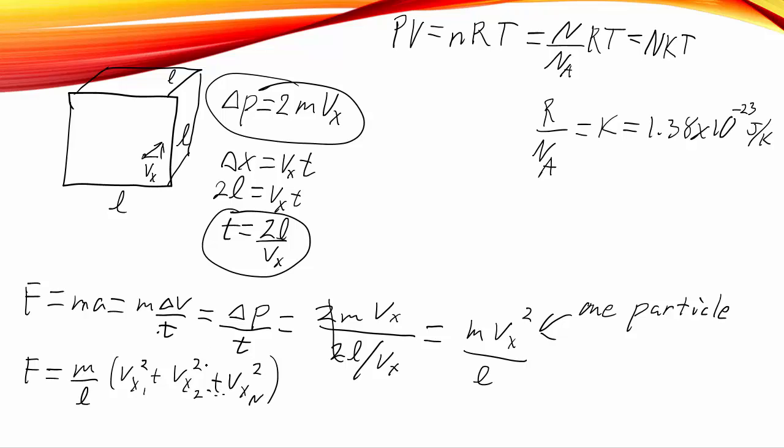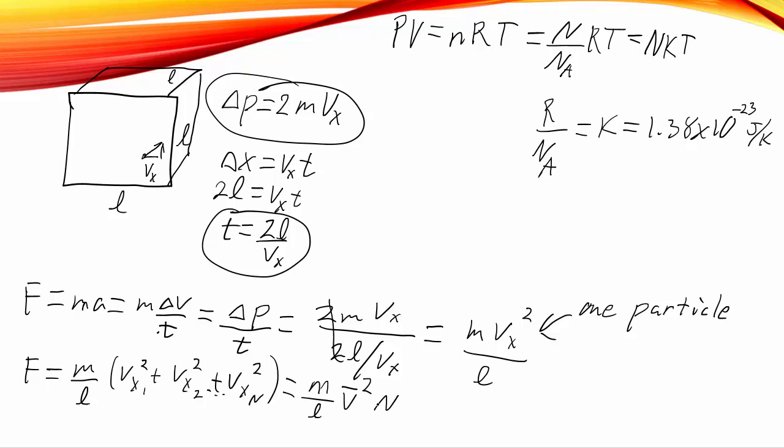So I have a factor for each of the particles. Basically, you have m over L times v squared for each particle, and we factored out the m over L because that's consistent between all of them. Now we can simplify this expression a little bit. Rather than finding the actual velocity of each particle and adding them all up, if I just know the average velocity of the particles, I can take that average velocity, designate it with a bar, square it, and multiply that by the number of particles.